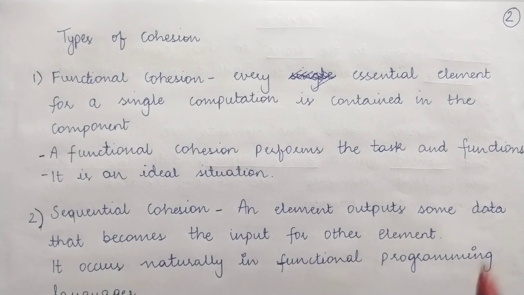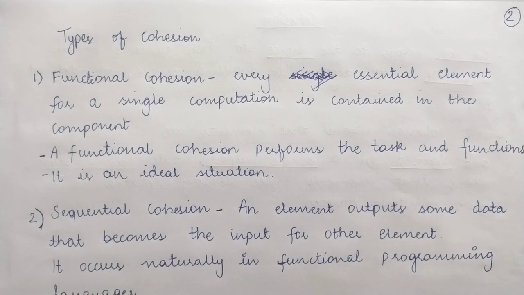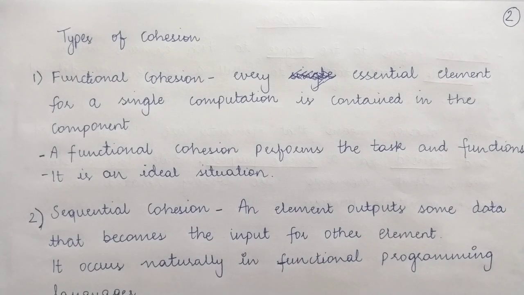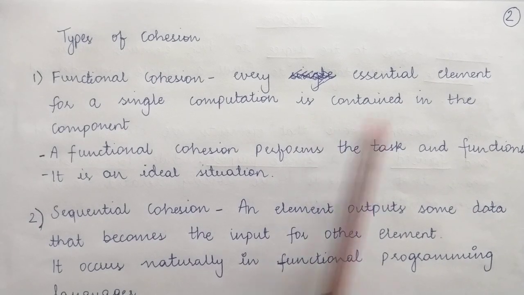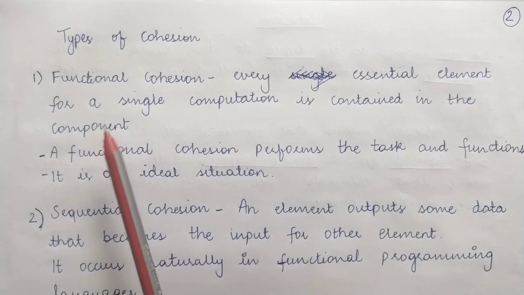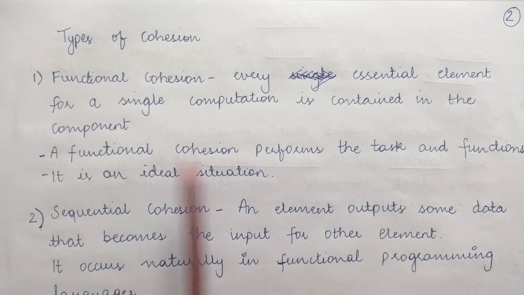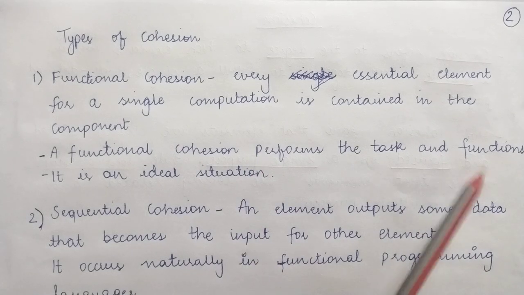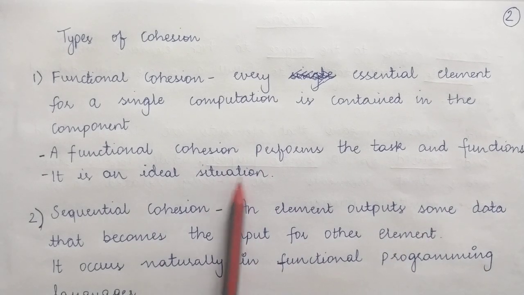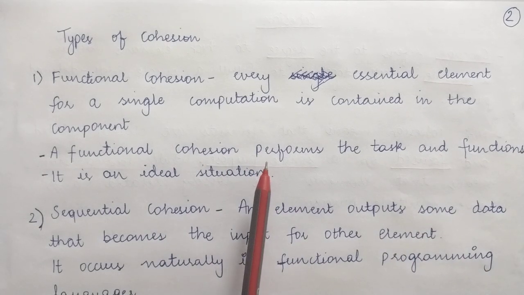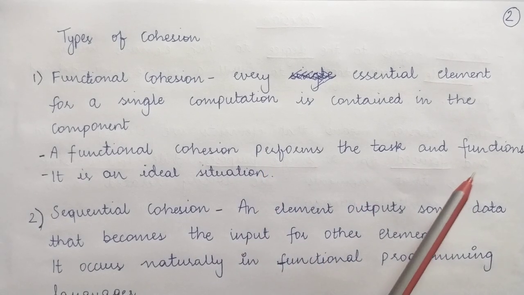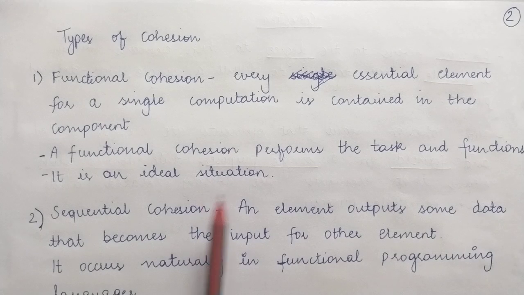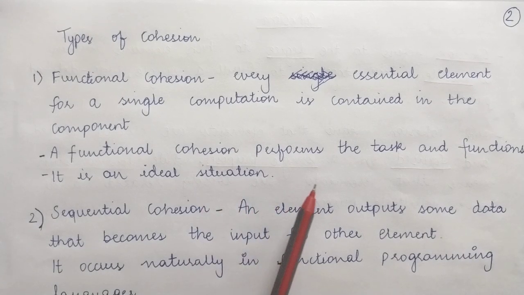So if for a single computation, that means one function, all the essential elements that are required for that single computation are contained in that particular module or component. A functional cohesion performs the task and functions, and it is an ideal situation. So basically when we talk of functional cohesion, that means performing tasks and functions to achieve certain functionality, and this is considered the ideal form of cohesion.